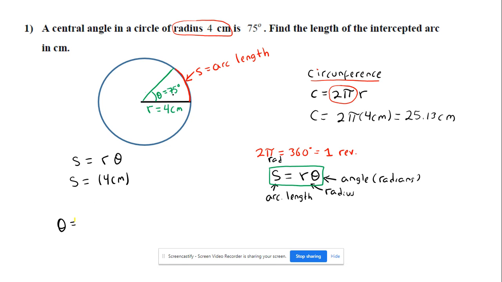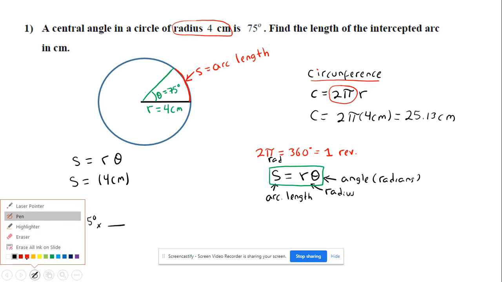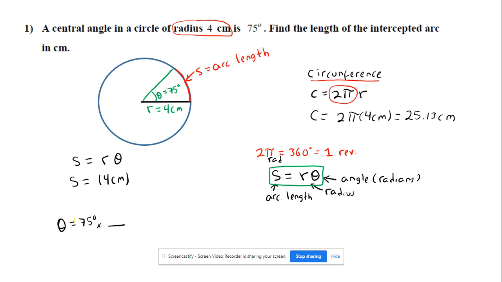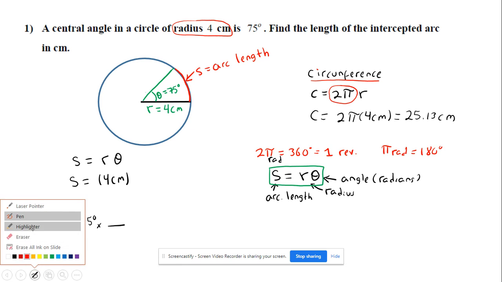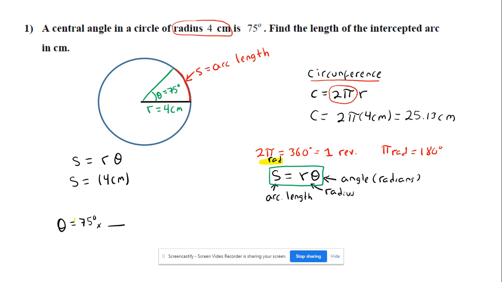So I'm going to say for this problem, this is 75 degrees. And I can use a conversion: 2 pi radians equals 360 degrees, or pi radians equals 180 degrees. So that's my conversion. I want to highlight here my conversions.